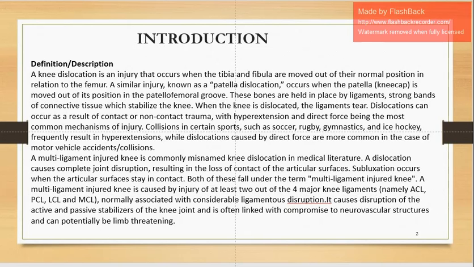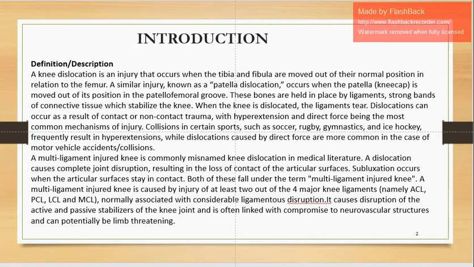Knee dislocation is a multi-ligament injured knee, and it causes complete joint disruption, resulting in loss of contact of the articular surfaces. Subluxation occurs when the articular surfaces stay in contact, and both of these fall under the term multi-ligament injured knee.